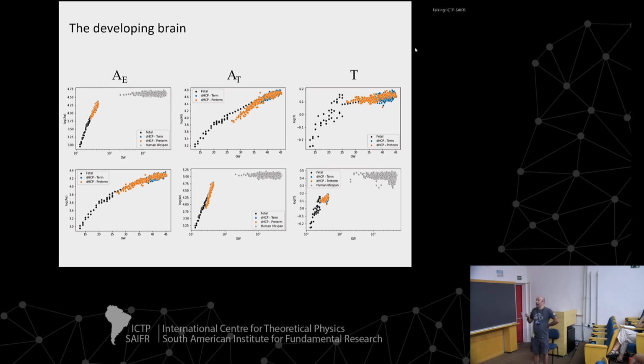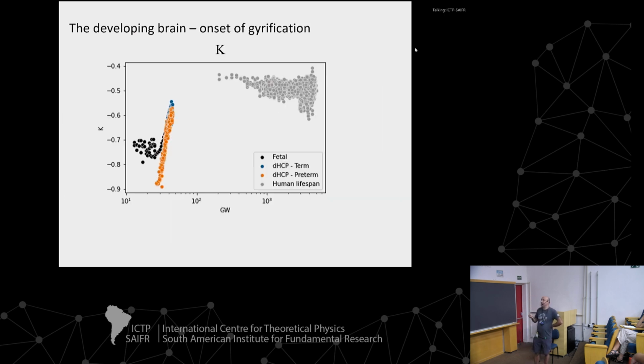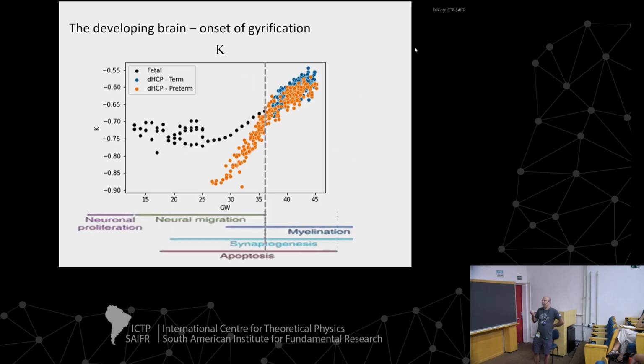Now we can also look at the new variables. I'm just looking at K here, and something really weird happens. You have this displacement between the preterm and the healthy developing ones. If I zoom in only on the babies, I see this really cool picture.